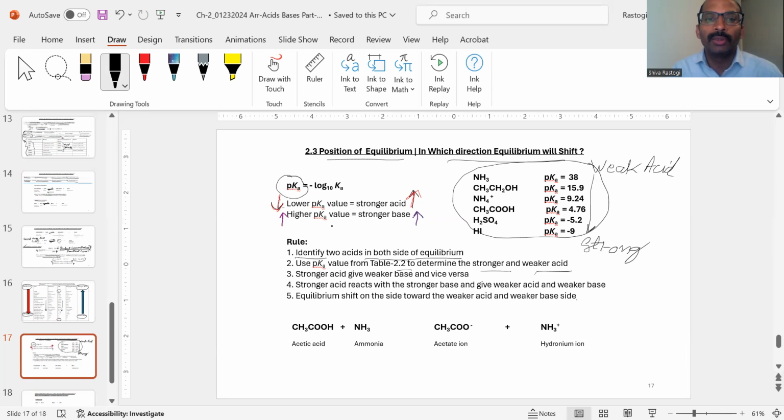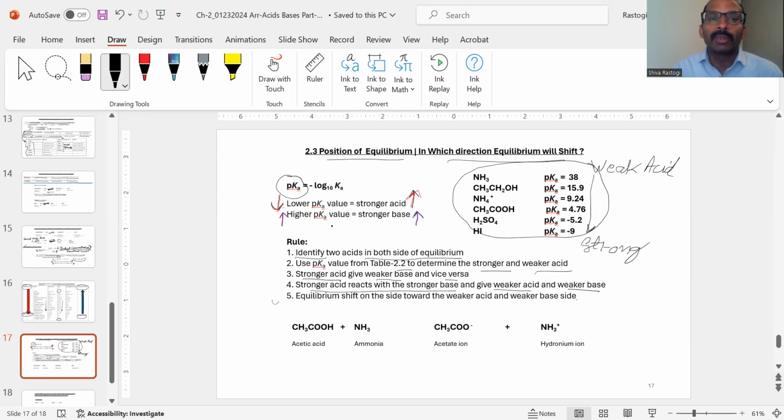And we know that a stronger acid gives a weaker base and vice versa. A stronger acid reacts with a stronger base to give a weaker acid and weaker base.